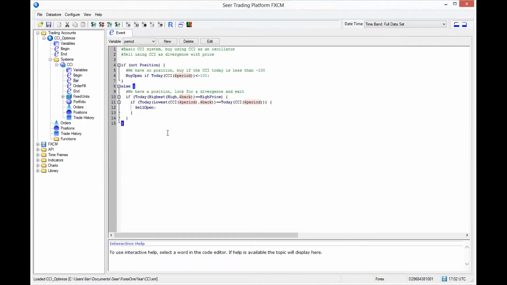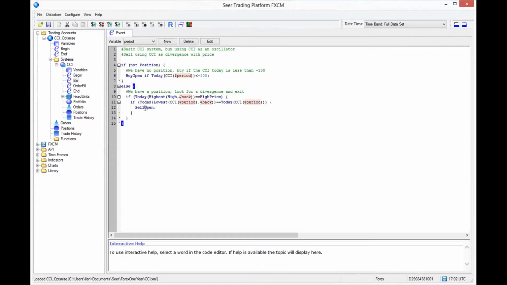And here is the actual code for the indicator itself in Seer. Basically, if there isn't already a position, we buy when the CCI is less than minus 100. If we have a position, then we obviously close based on certain criteria. It's a pretty basic system, and we're going to show how we actually backtest the system.